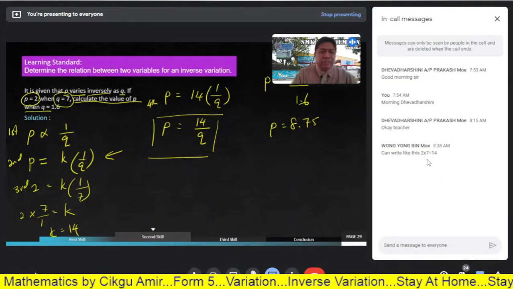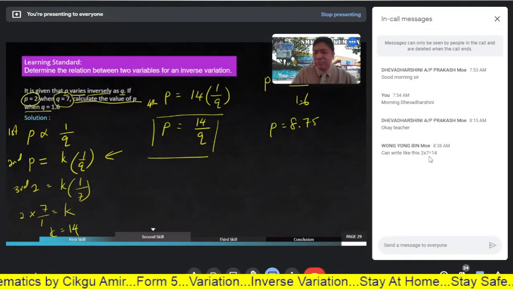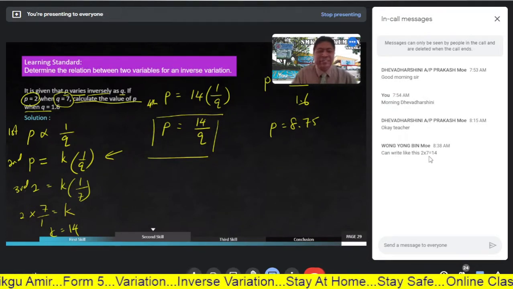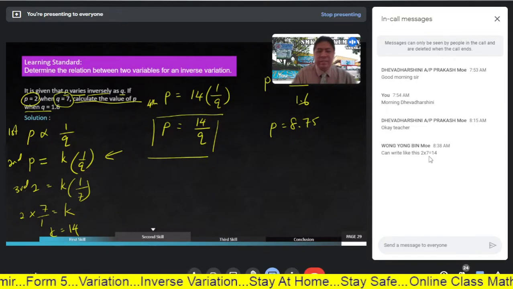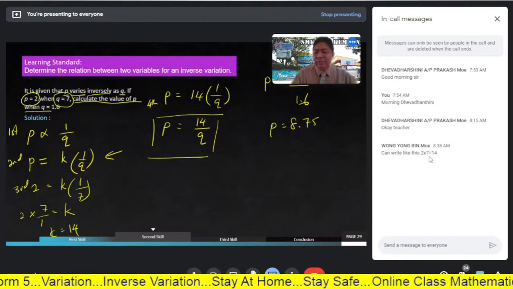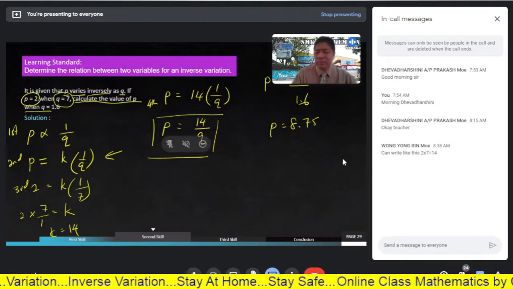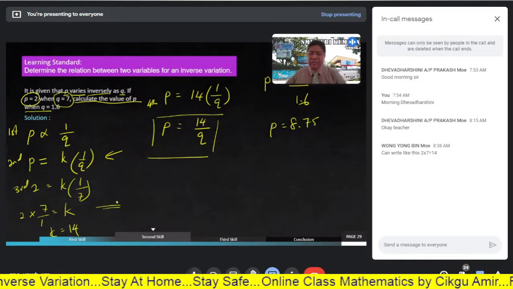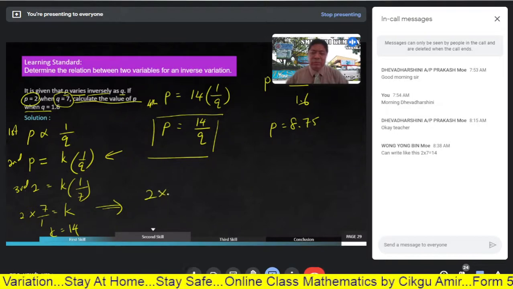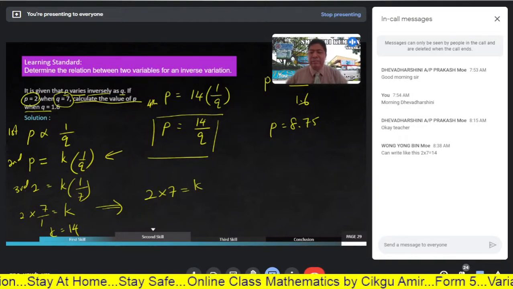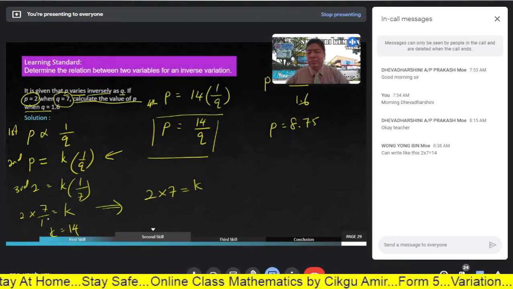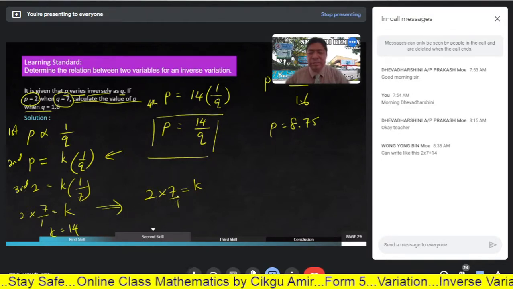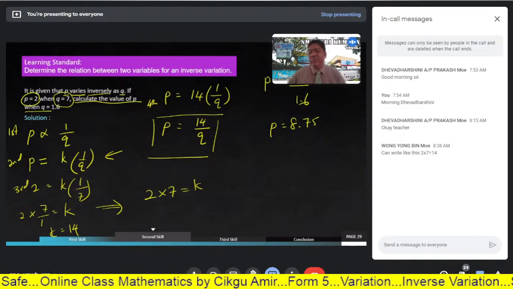You can also write 2 multiplied with 7 equal to K. No need to write the number 1, because it's 1.